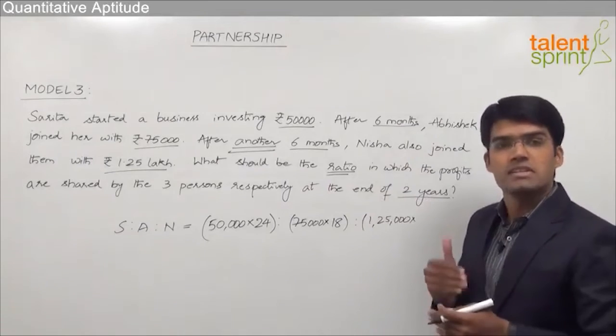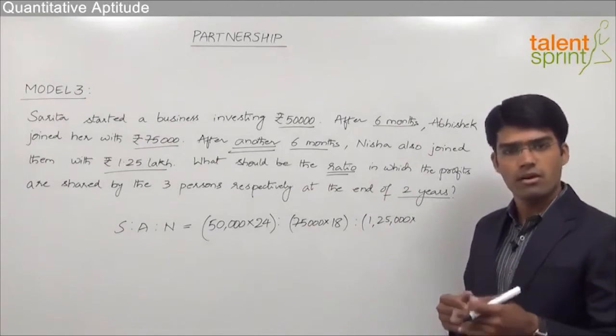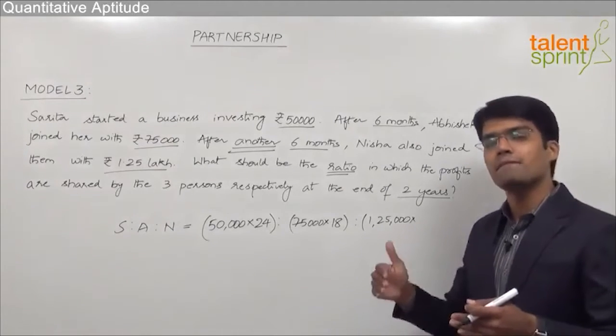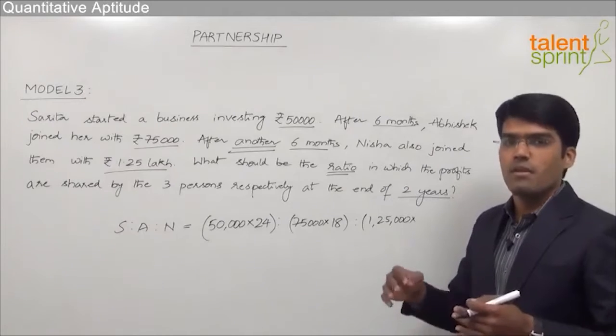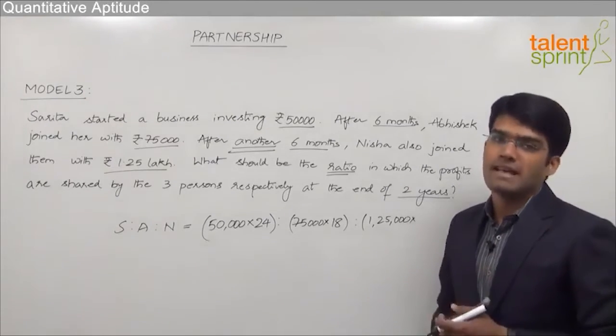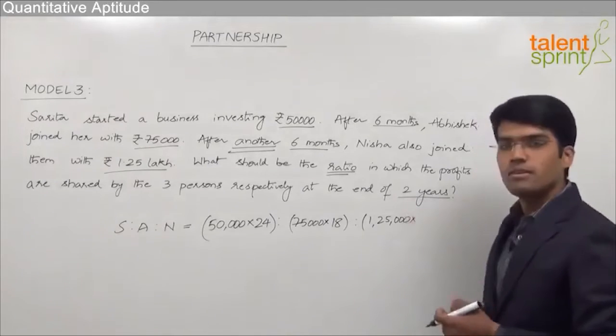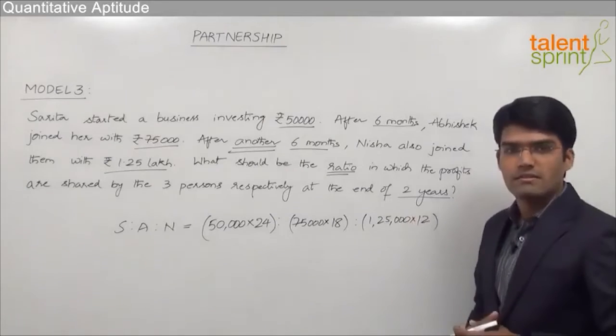So very clearly, Nisha was not present for the first 12 months in the business, as Abhishek had already joined 6 months late, and then after 6 months again, Nisha joined. So the total period here is 6 plus 6, where Nisha was not available. That means she was available only for the last 12 months, as the total period is 2 years. So we can say that Nisha was present only for the last 12 months.